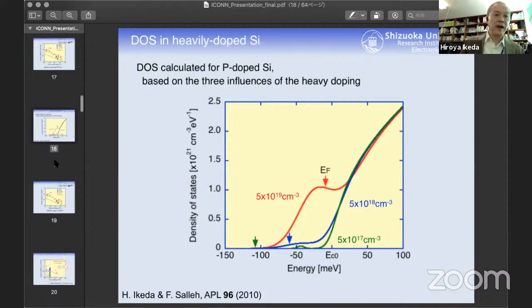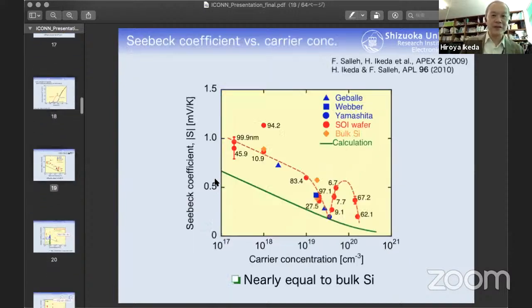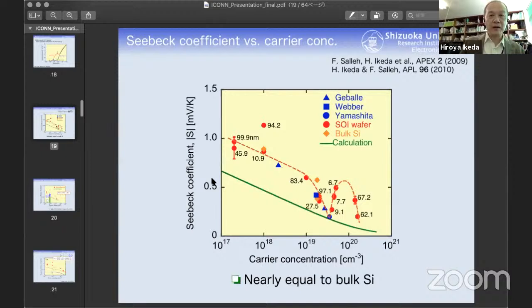And here I want to focus on this: the very ultra-thin SOI layers have a Seebeck coefficient very similar to the bulk silicon like this. And this green line is a calculation for the electronic part of the Seebeck coefficient.